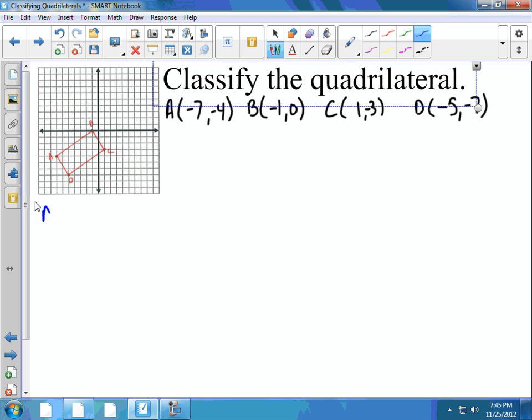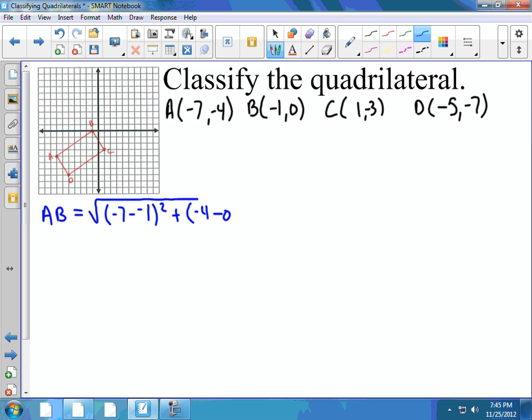let's find the length of side AB. So to do that, we use the distance formula. Square root of the differences of the x's squared plus the differences of the y's squared. Right.